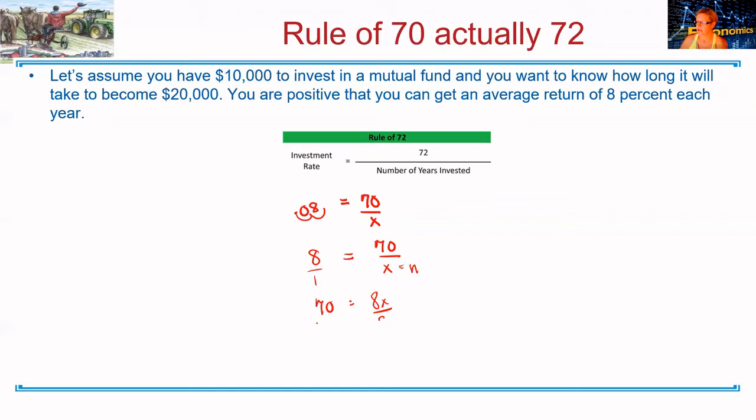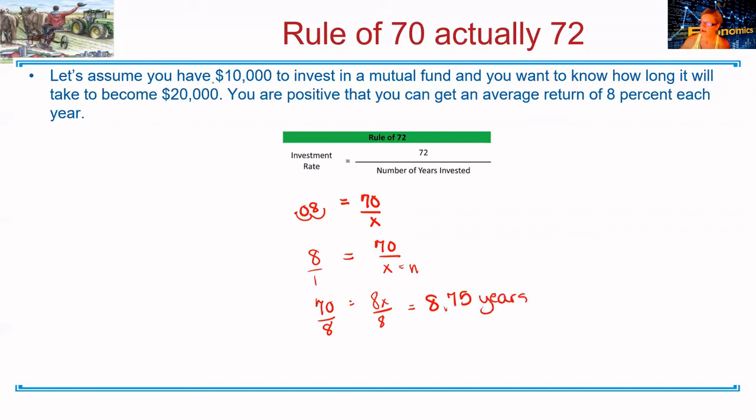So if I divide each side by 8, 70 divided by 8. How about 8.75? I should have done that in my head. 8.75 years. So that would be the answer to this.